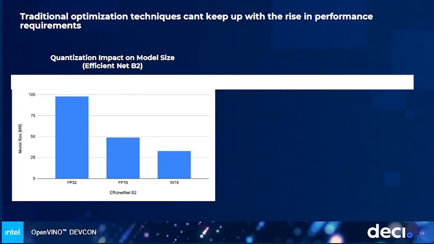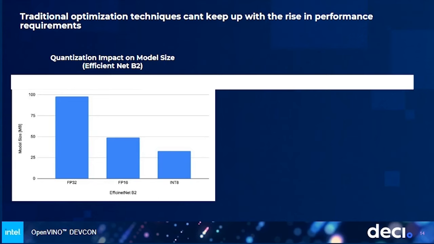And we see the model size is indeed cut by a major factor within every quantization. But on the other hand, if we look at the runtime, the latency of the model, you will see that it barely changed with quantization to FP16 and even to int8.